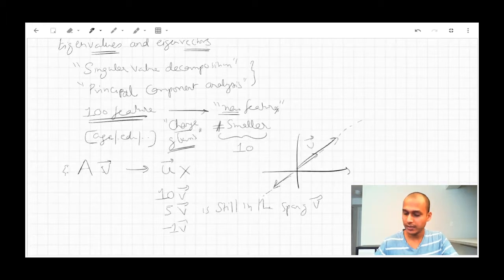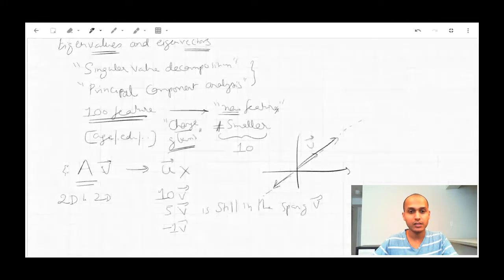So the question is, given a linear transformation, are there some vectors for which the resulting output vector is in the span of the original input vector? We need, of course, transformations from the same dimensionality to the same dimensions, let's say from 2D to 2D. Maybe there are some vectors like that, maybe there are none.